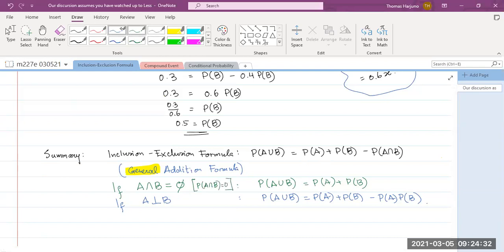Now, if they are independent, then the probability of A intersection B becomes the probability of A times the probability of B. That's the summary that you need to memorize.